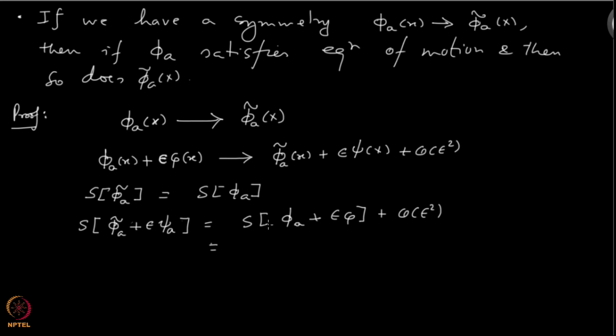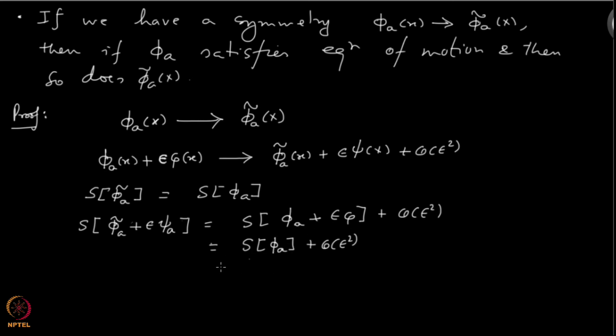The action is stationary when the field satisfies the equations of motion. So, the change will be of second order in epsilon, right? So, if I assume that phi A satisfies the equations of motion, then this object here is just S of phi A plus order epsilon square. And of course, you have order epsilon square terms already here, you can combine them here. And this is just a consequence of using the equations of motion now.